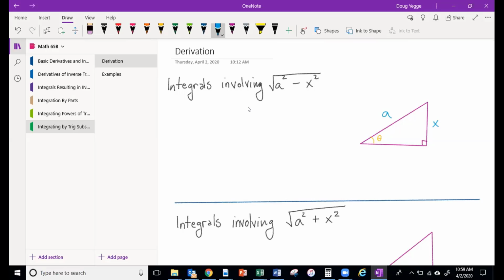And if that's the case, then I would see, well, let's switch it here. I could make x right here. And if I did that, when I wanted to find this missing side, okay, then I would do the Pythagorean theorem and say x squared plus this side squared is a squared. So notice that x over a, in this case, represents what trig function?